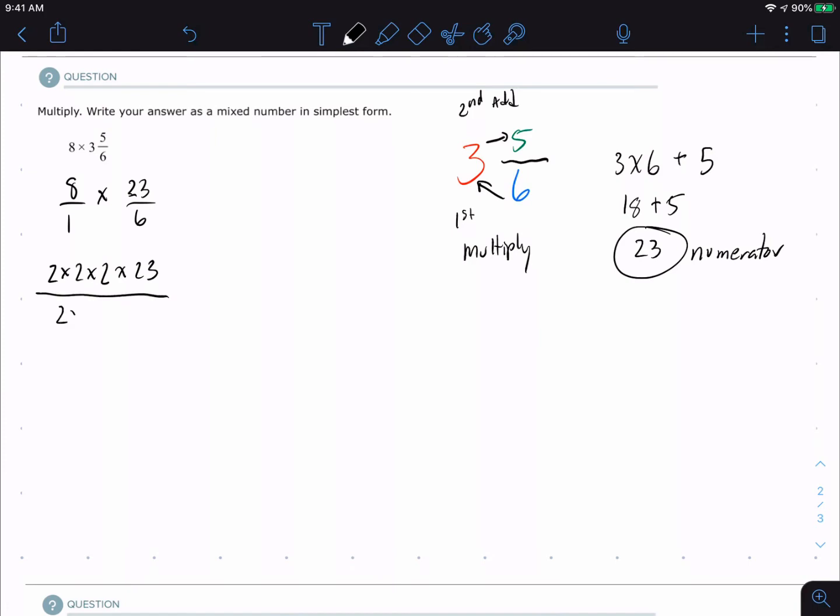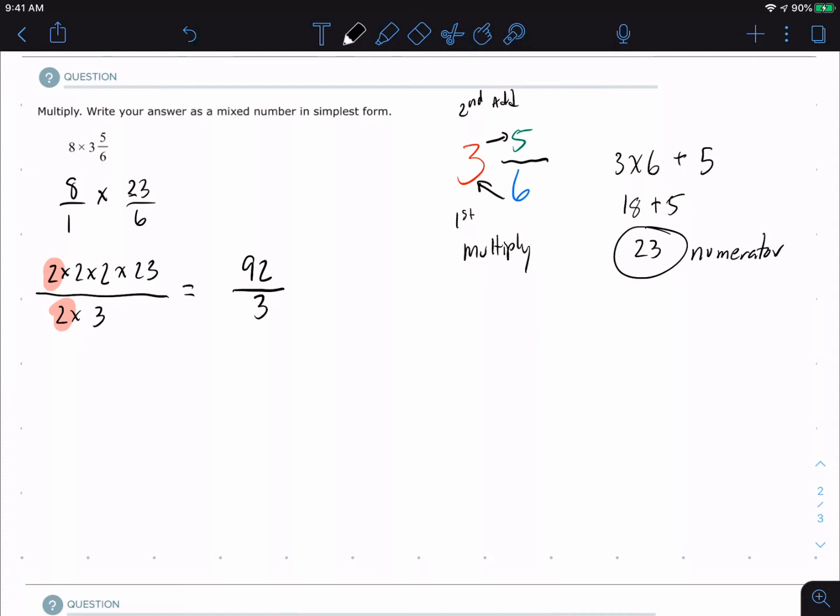And then I'm going to have 2 times 3. Well, they have a 2 in common, and that's it, right? So what ends up happening here is my denominator is going to be 3. And my numerator is going to be 4 times 23. And 4 times 23 is 92. Right?